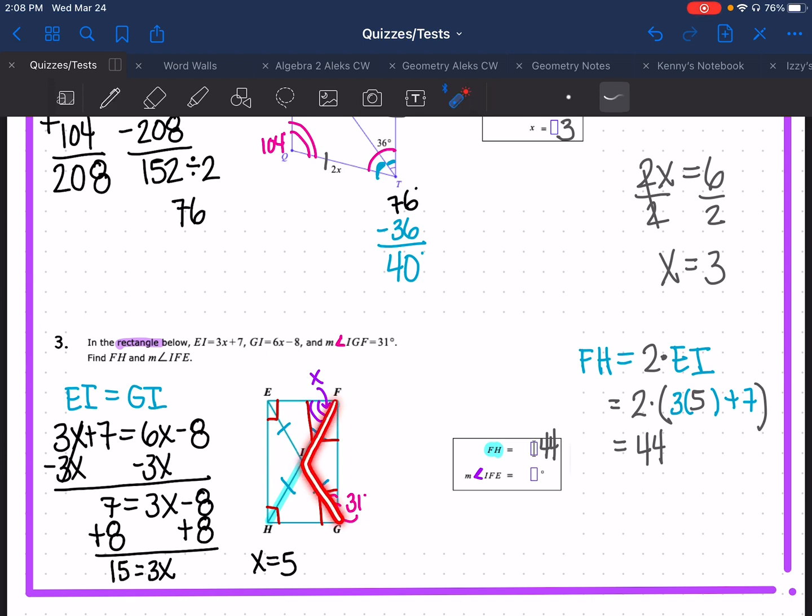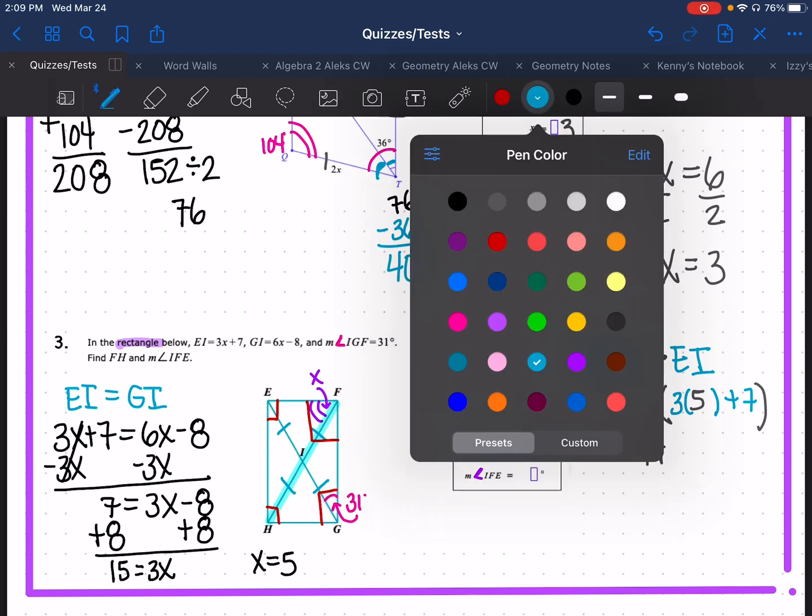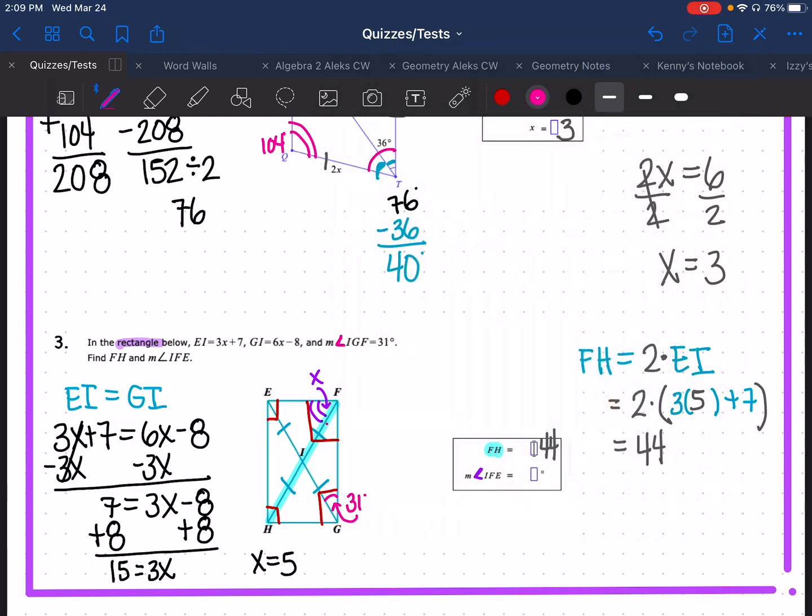This triangle right here, triangle IFG, is an isosceles triangle. I know it's isosceles because these two pieces of the diagonal are equal. Not only does an isosceles triangle have 2 equal sides, it has 2 equal angles, and they are the base angles right underneath the equal sides. So this angle here, let me grab my color, is 31 degrees.